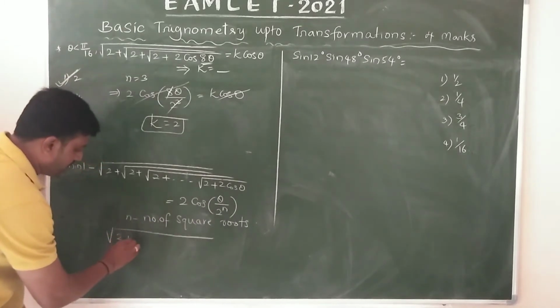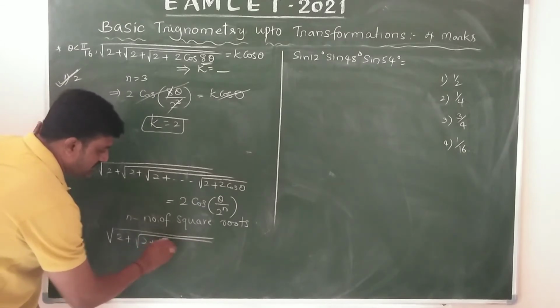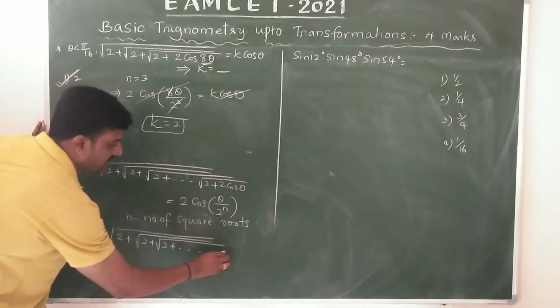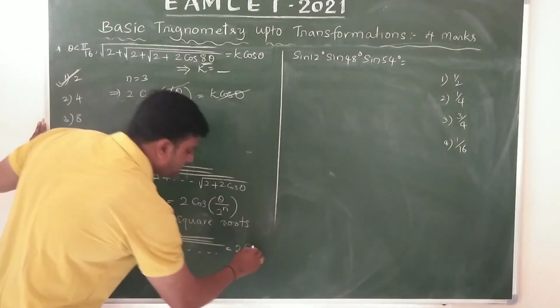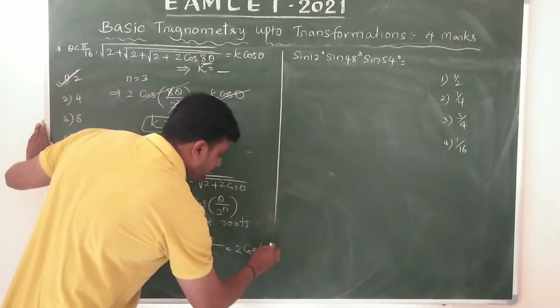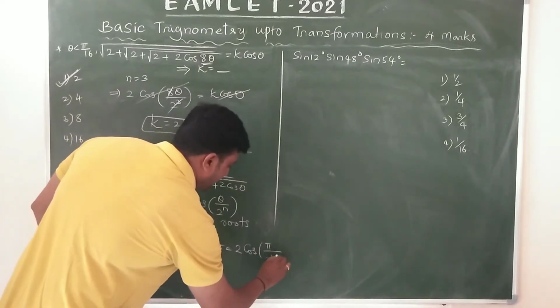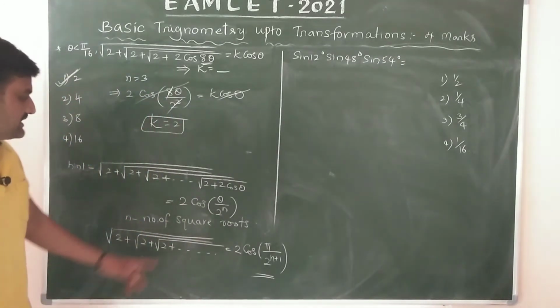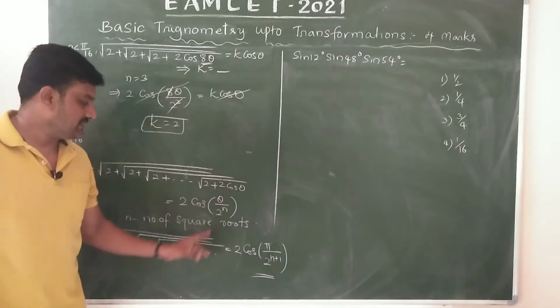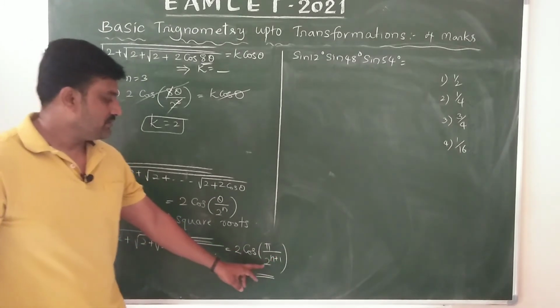Suppose root 2 plus root 2 plus root 2 plus so on equals to 2 cos (pi by 2 power n plus 1). Remember, if there is no 2 cos theta like this, then that equals 2 cos (pi by 2 power n plus 1).